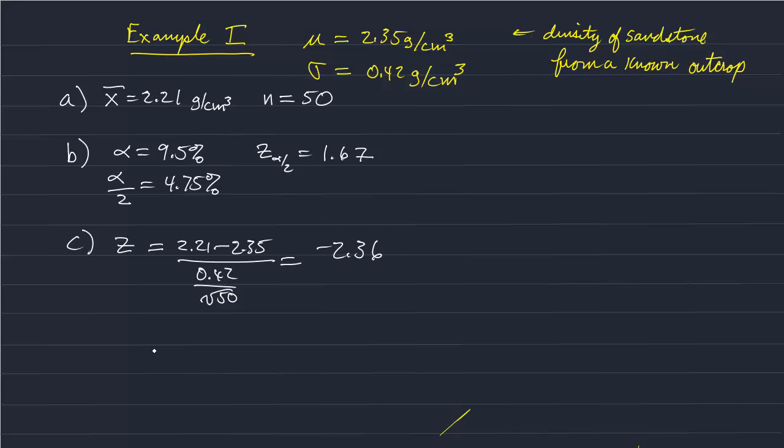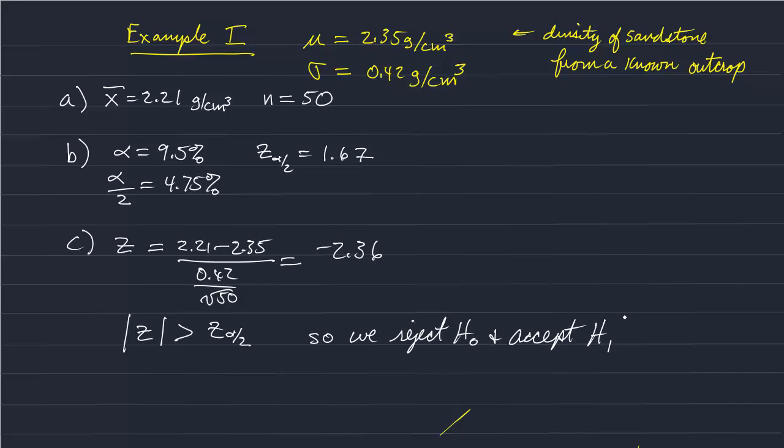And so what we find is that Z, or the absolute value of Z, is in fact greater than Z at our specified level of significance. So we reject H0 and accept our alternative hypothesis.